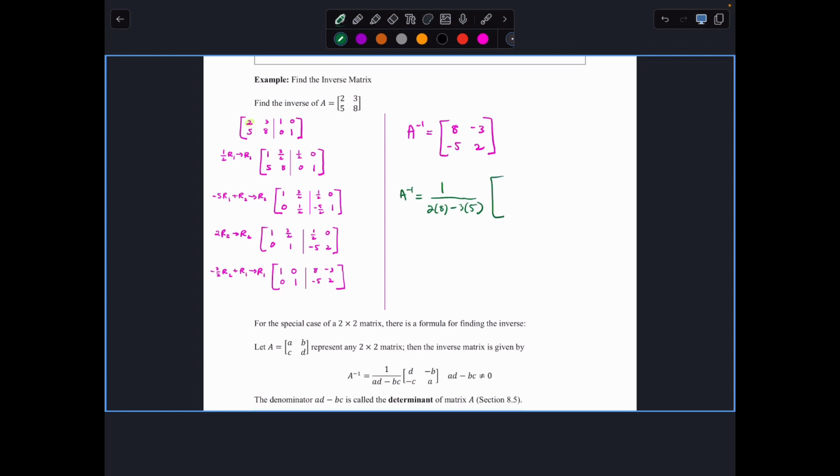And then times, you switch the A and the D, and then you take the opposites of the B and the C. Okay, so in this case, 16 minus 15 is just 1, so you can see we just ended up with A inverse.